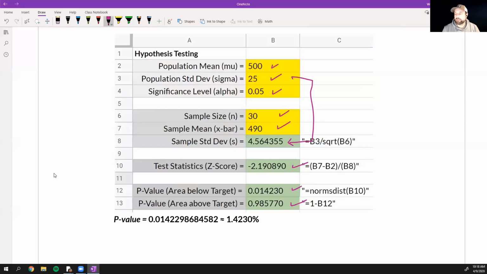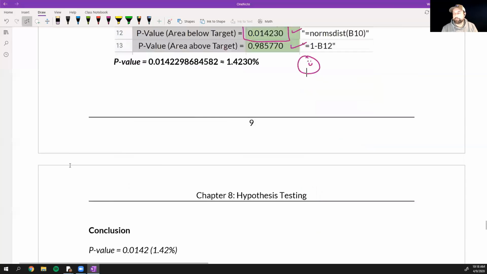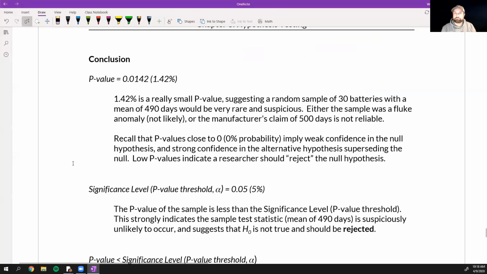And again, this method tells you 1.43. And my guess is this is probably going to be the method that most of you use. You're going to use the Google Sheet.